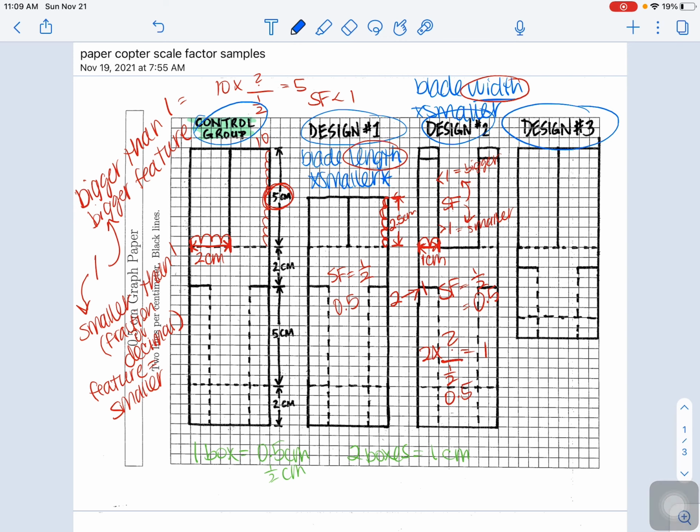I still have that brainstorm list from last Friday of each of the factors that we could change. So which factor did design number 3 change? And then again, is it getting larger or is it getting smaller? Because that's going to tell us about the scale factor. So pause this video, turn and talk. What is the independent variable and is it getting larger or smaller?